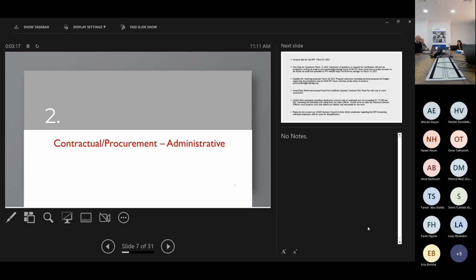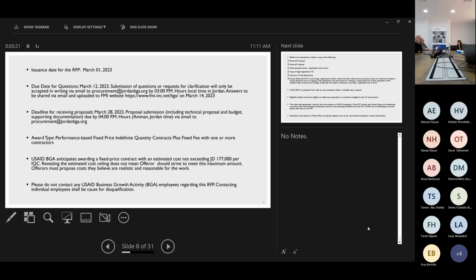Okay, we will start with the administrative part. The issuance date of the RFP was March 1st, 2023. The due date for the written questions is March 12th, sorry.